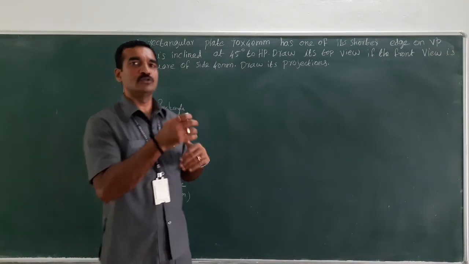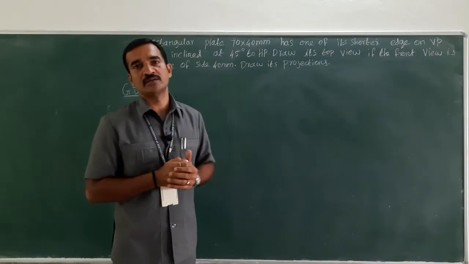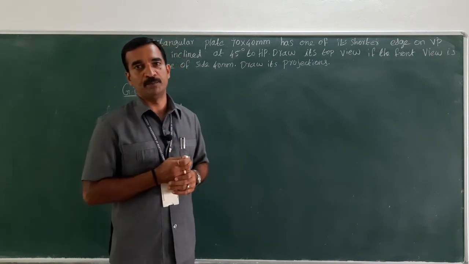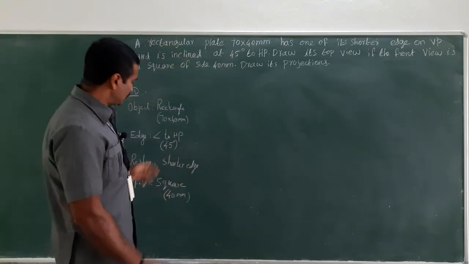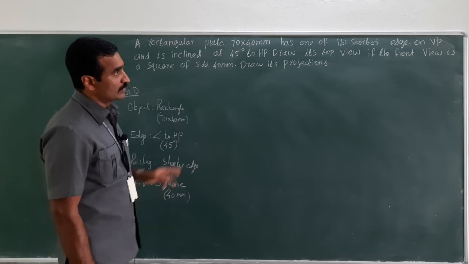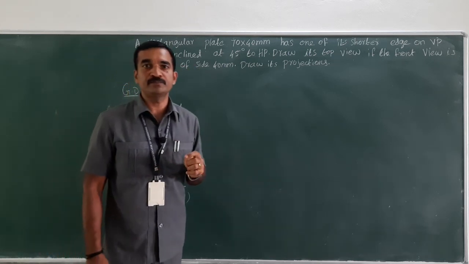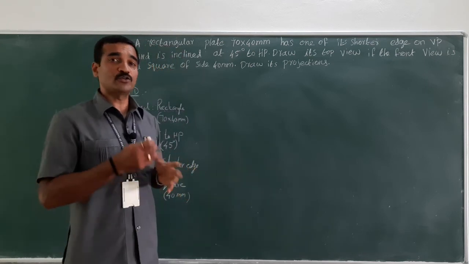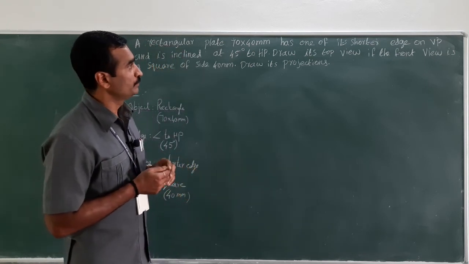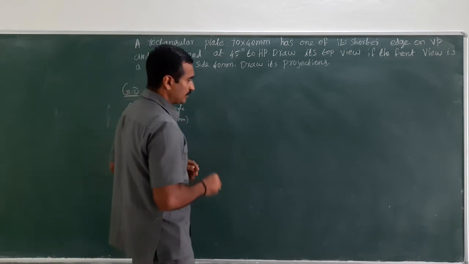From there, we used to start the first drawing, that is the true shape. Here, it is mentioned that front view is a square of side 40 mm. Where to start the drawing?